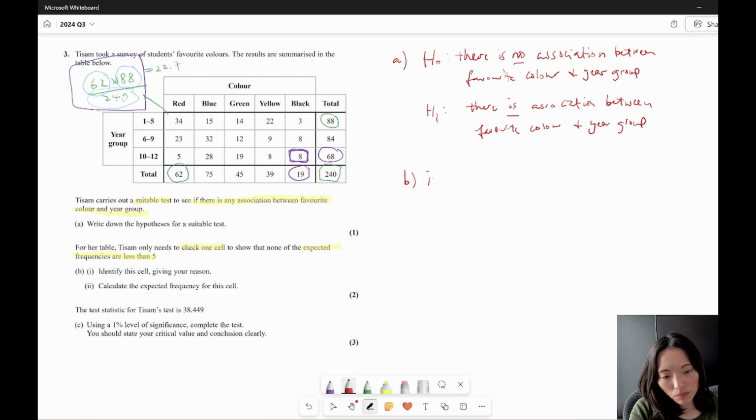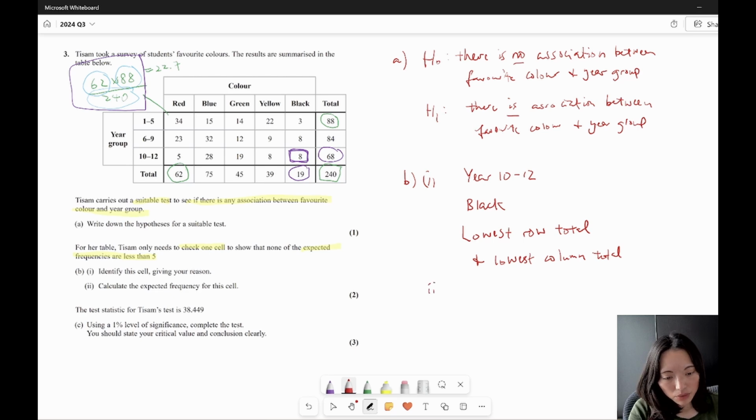So B1, identifying the cell: that cell is year 10 to 12 and black, because it has the lowest row total and lowest column total.